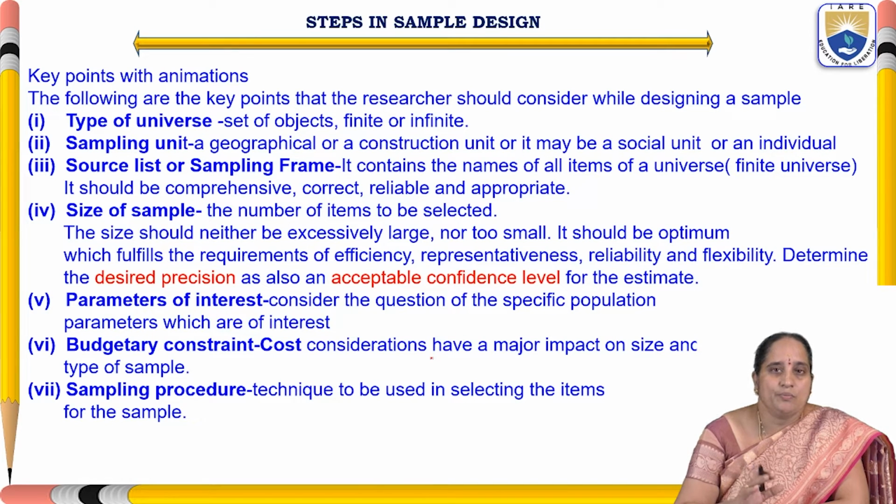So the population may be finite or infinite. Finite means it consists of a few items, and a sample should be taken from the entire population which possesses similar characteristics.